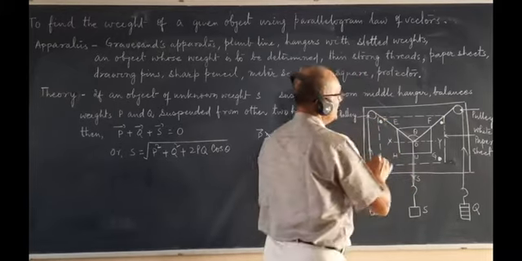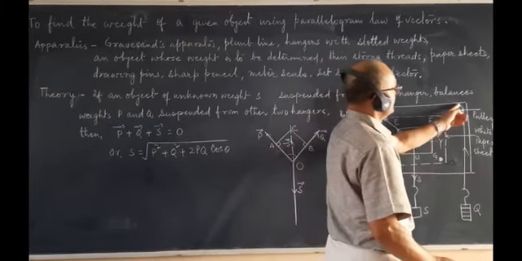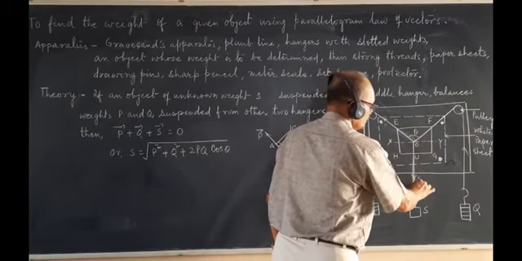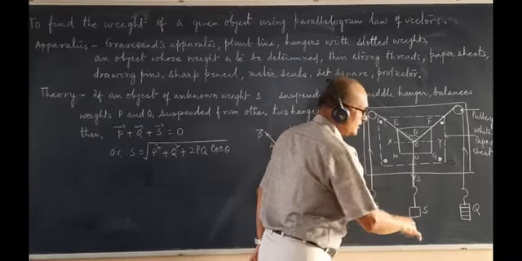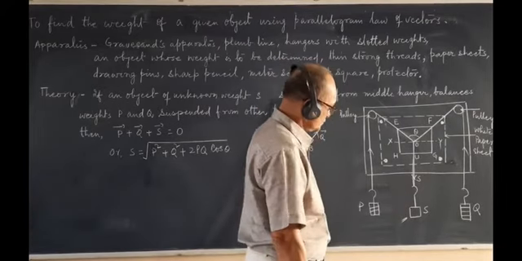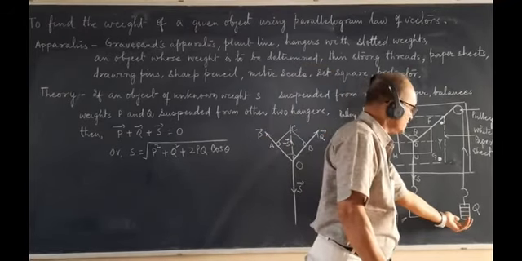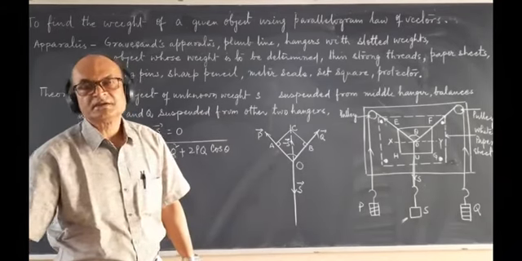Over these pulleys we can pass one thread and another thread, and a third hanger is connected to this. This object is the one whose weight is to be found out. This is the slotted weight, and this side also the slotted weight. Now we will demonstrate the experiment.